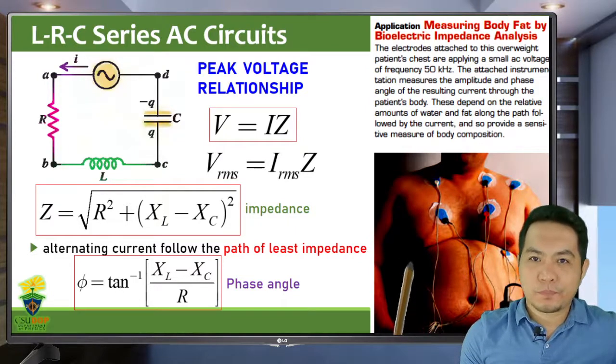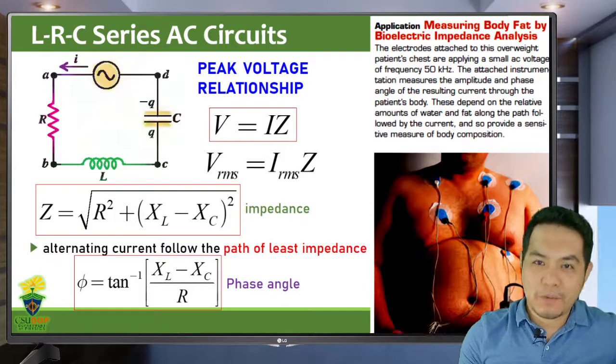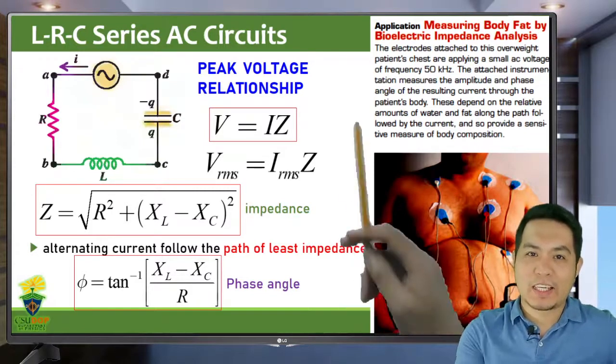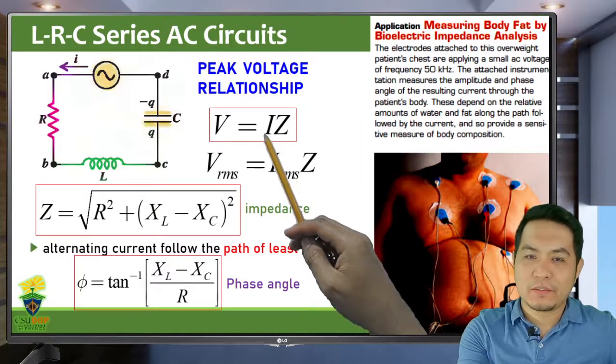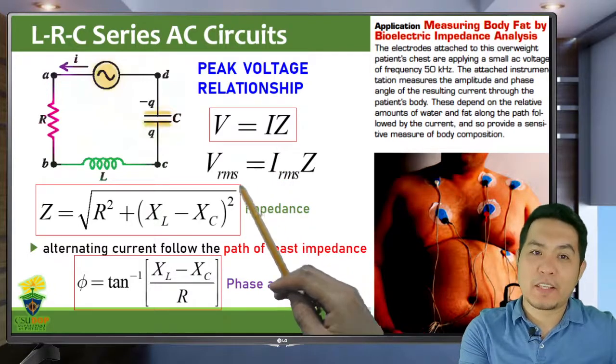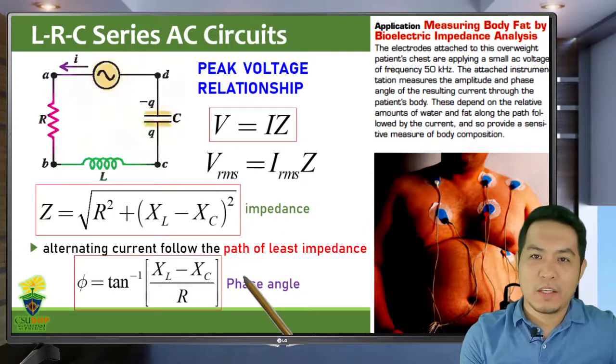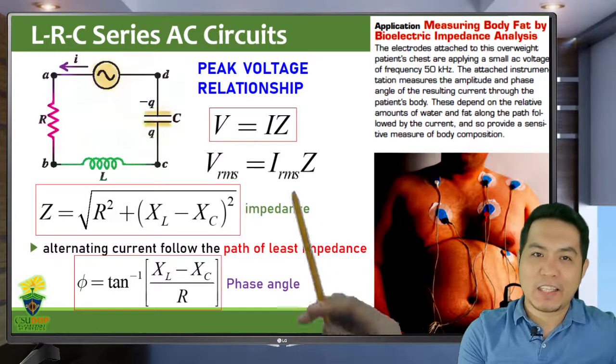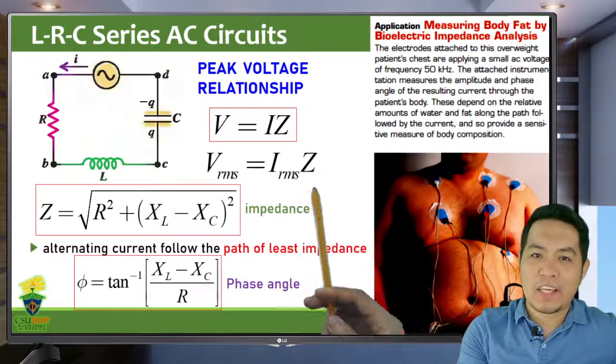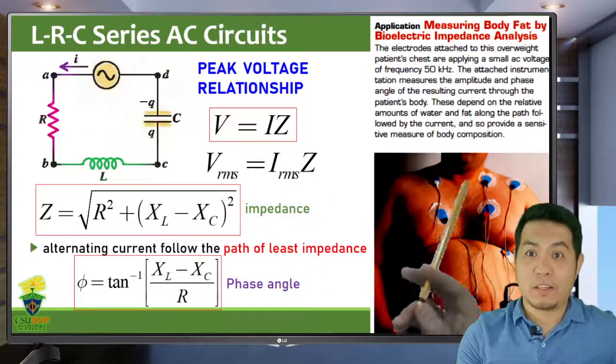So the attached instrument measures the current, actually the RMS current, and the voltage RMS. By using that data, you can get an idea of the impedance of the body.